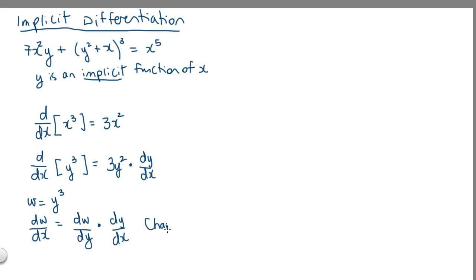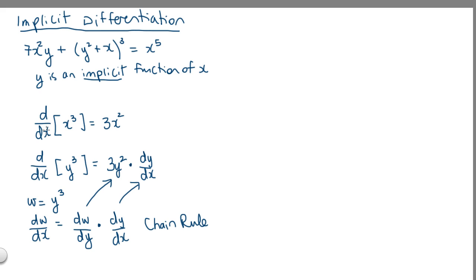So that is just the chain rule used with the variables w, y, and x. So in other words, derivative of y cubed with respect to x should be dw dy, which is 3y squared, times dy by dx.